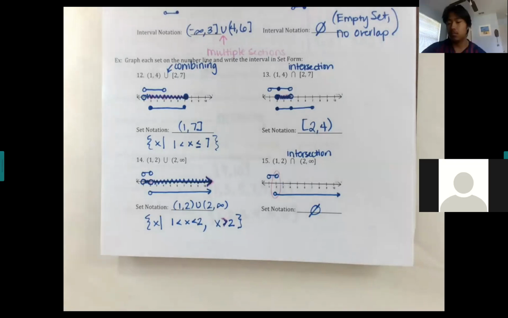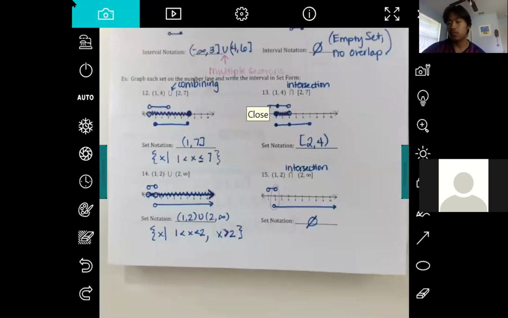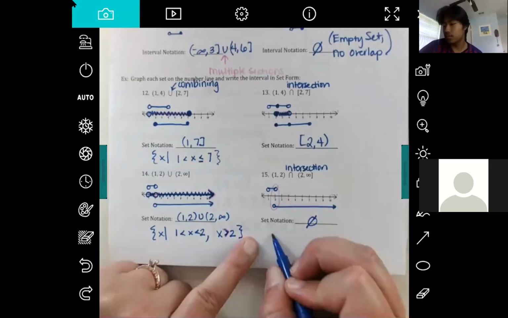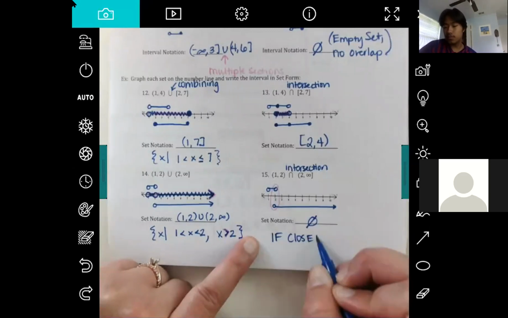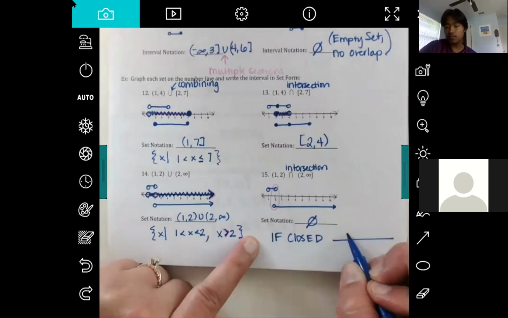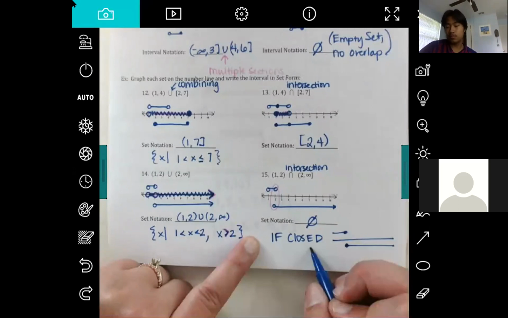So what if they're both closed for 15? That is a great question. Let's say that they were both closed and let's say it was at 2. So if closed that way and closed that way, you would say your set is just that number 2.